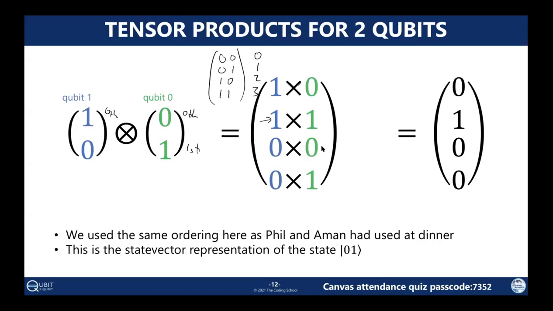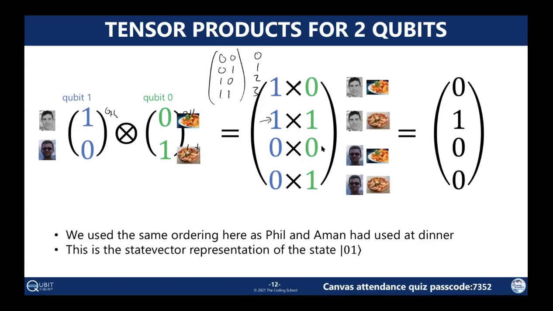This is also the same ordering that we used for Phil and Amon's dinner. If we take Phil to be the 0th state and Amon to be the first state of qubit 1, and we take the pasta to be the 0th state and the pizza to be the first state of qubit 0, then we can multiply them through and get the exact same mathematics pictorially.